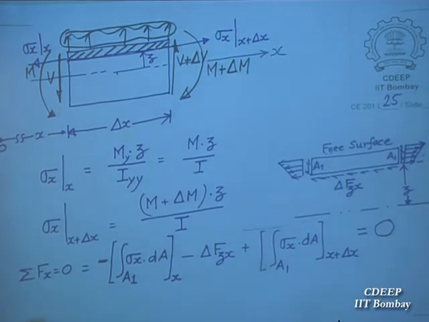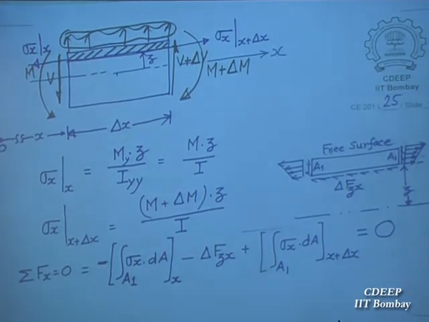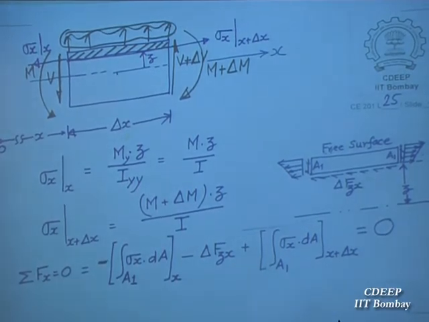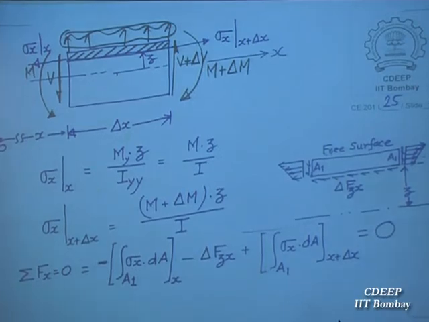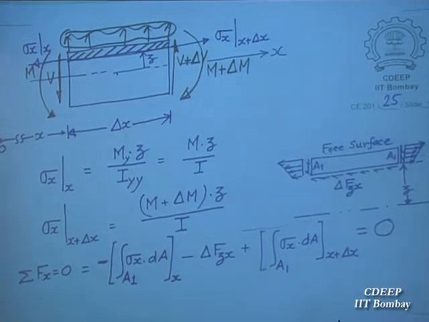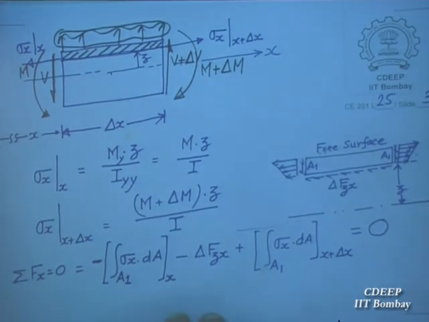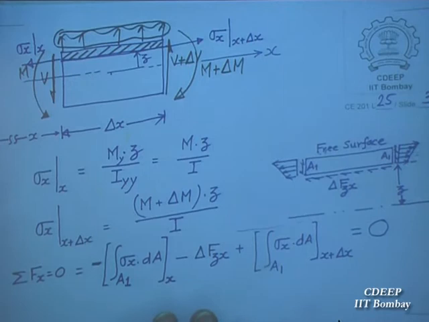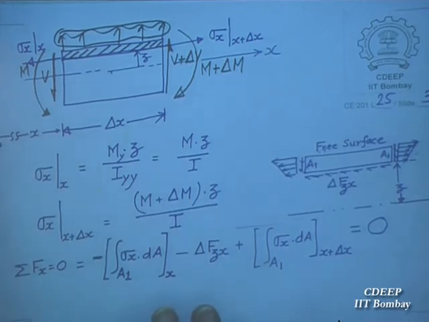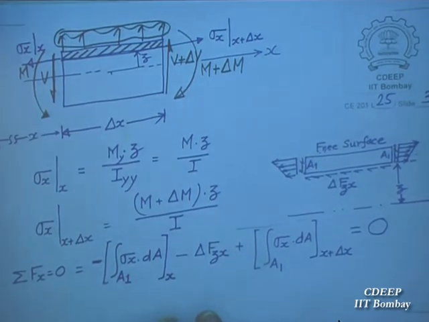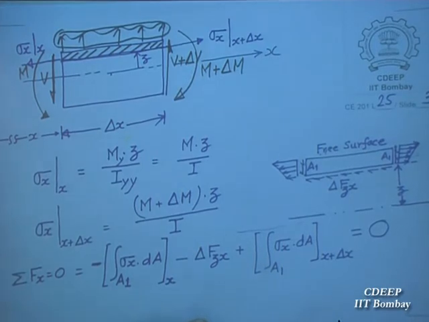This must set equal to 0. If you can do this, then this will be right. Is everybody agreeing with this? Because this is the crux. If you don't understand this, you will not follow the next step.